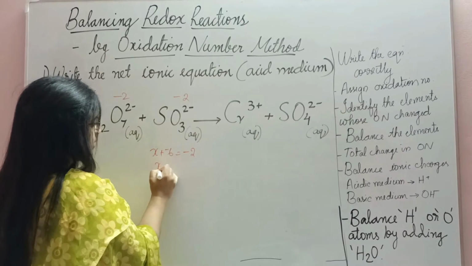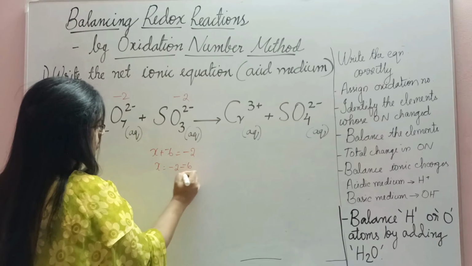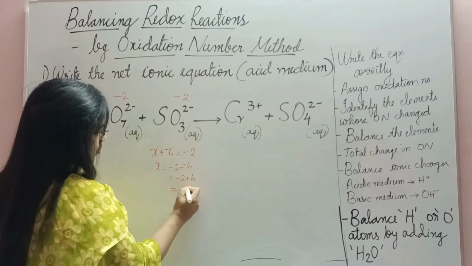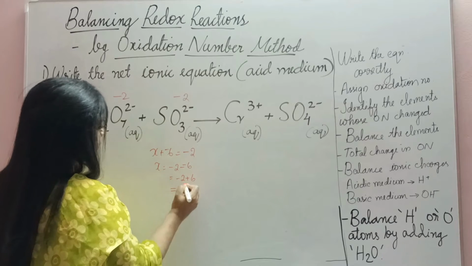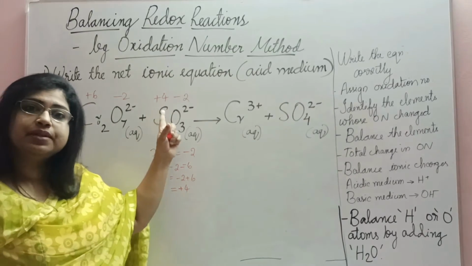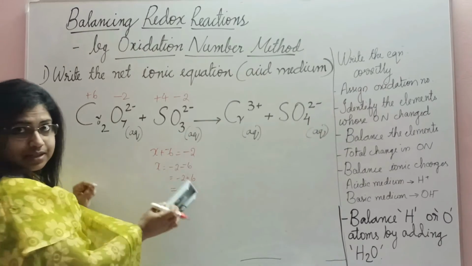Now x is equal to -2 minus (-6), that is -2 plus 6, which is +4. So the oxidation number of sulfur is +4. So the reactant side is over.